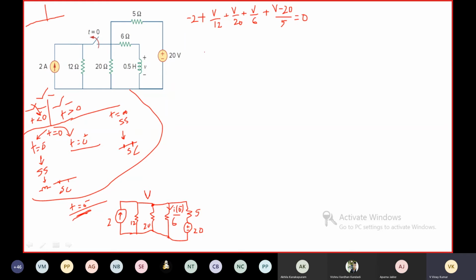Then V into (1 by 12 plus 1 by 20 plus 1 by 6 plus 1 by 5) is equal to 2 plus 20 by 5, which means 4, so 4 plus 2 is 6. What is the value? Let me use the calculator.